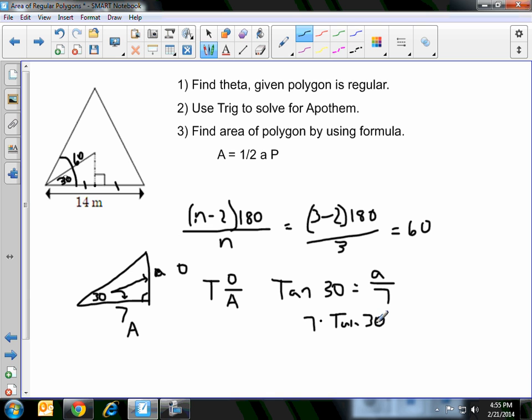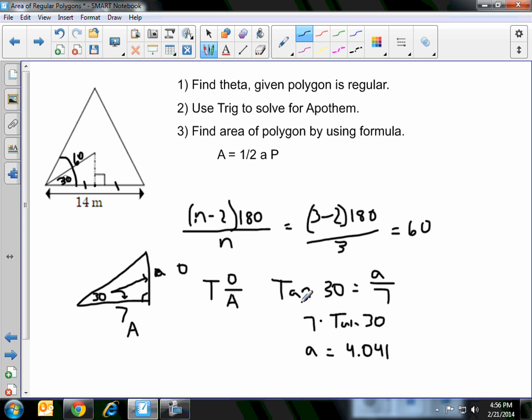Please make sure that your mode is in degrees, otherwise you get some weird number. So 7 times the tangent of 30 gets me my apothem as 4.041 if I'm rounding to the thousandths place. Okay, so that tells us what my apothem is.